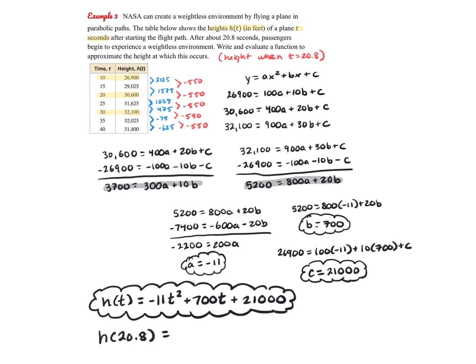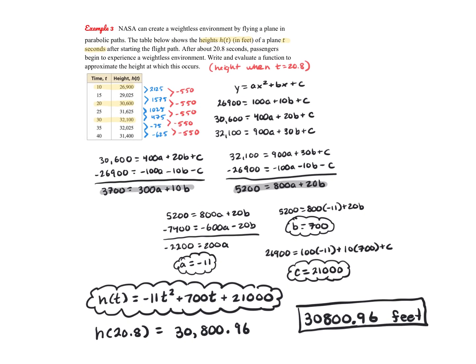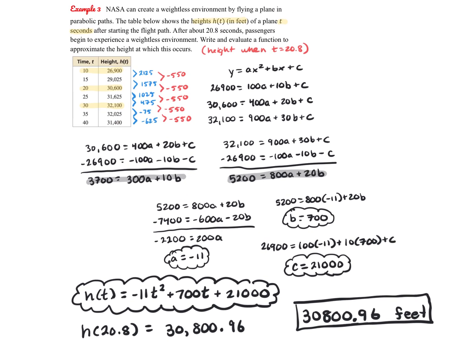So we could just plug this into our calculator, and we should get 30,800.96 approximately. So we just want to make sure to include the correct units here. We know that our height is in feet. So we have 30,800.96 feet is when the passengers experience that weightless environment.